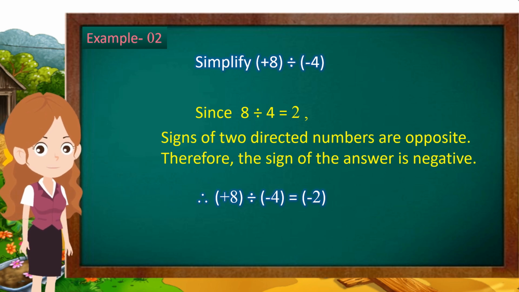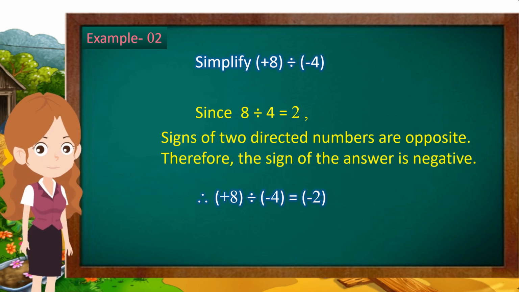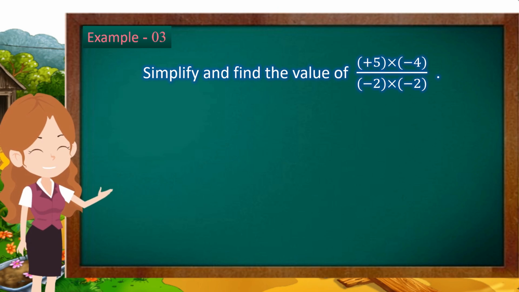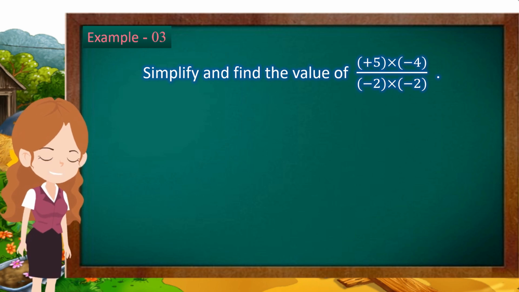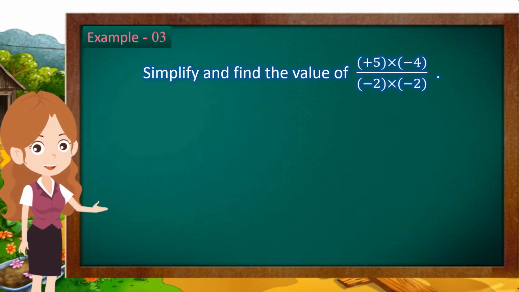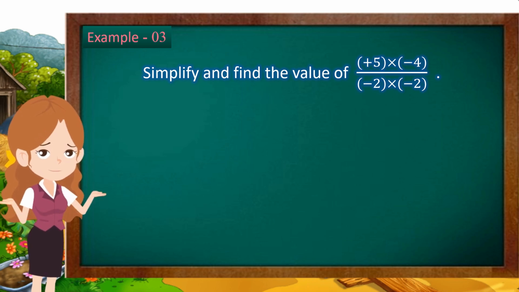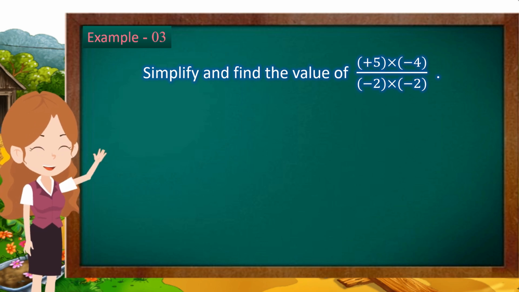Let's now examine an example of this type involving division and multiplication. My dear children, we now know that when we multiply plus 5 by minus 4, the answer is minus 20. Also, we know that when minus 2 is multiplied by minus 2, the answer is plus 4.